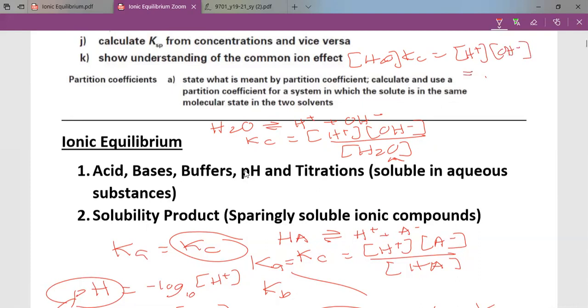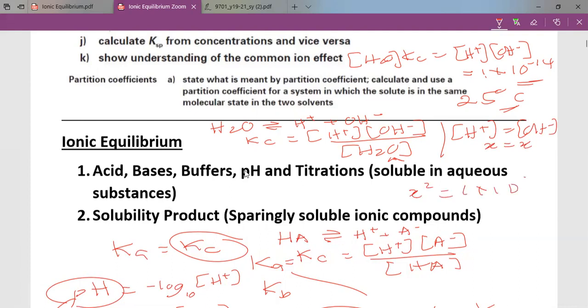In fact, this is at 25 degrees centigrade. Remember, temperature is so important. It's 1 to the power of minus 14. That's why the concentration of H plus equals OH minus, say X. So you know that X squared is equal to 10 to the power of minus 14.